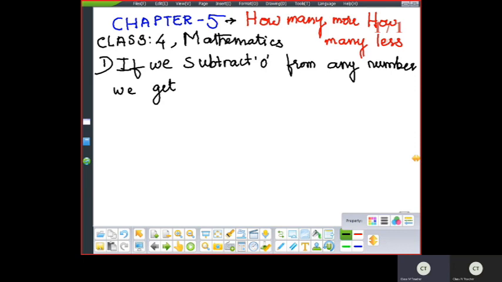If you subtract 0 from any number, we get what, children? The same number. Now let me prove this by taking an example. The same number or the number itself.